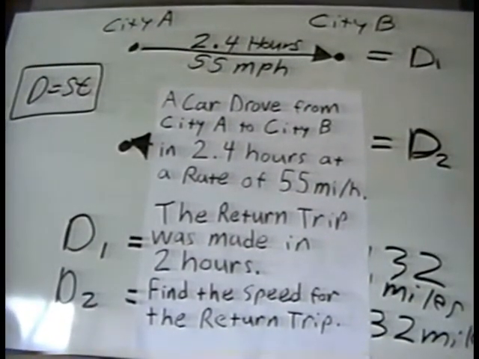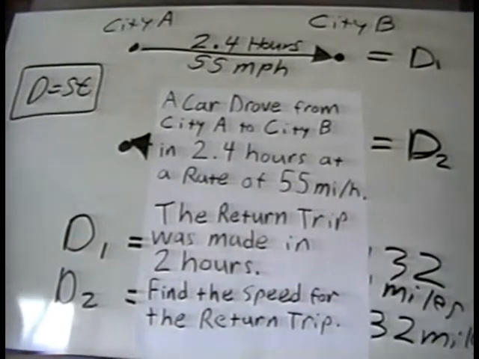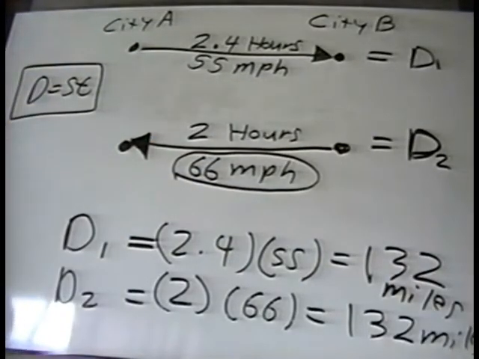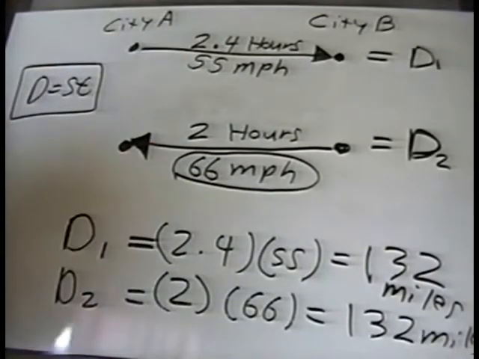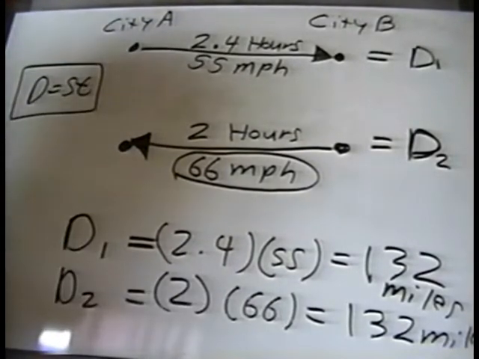Okay. So here's our answer. Our answer is 66 miles per hour to answer the question. Find the speed for the return trip.